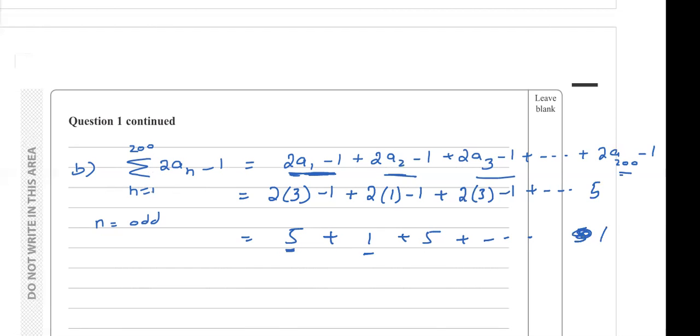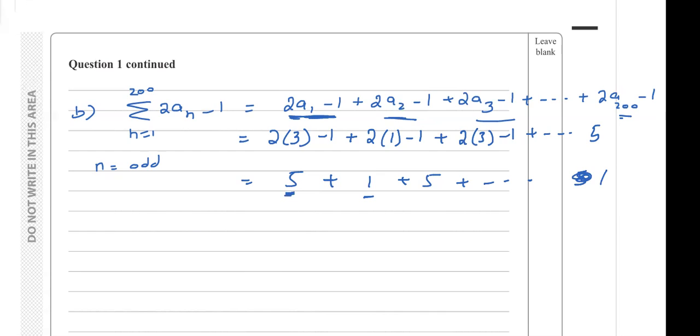Between 1 and 200, half the values are even and half are odd. Each time we have an odd value, we are getting 5. There are a total of 100 odd values, so it will be 100 into 5, plus there are 100 values for which we are getting 1, so 100 into 1.